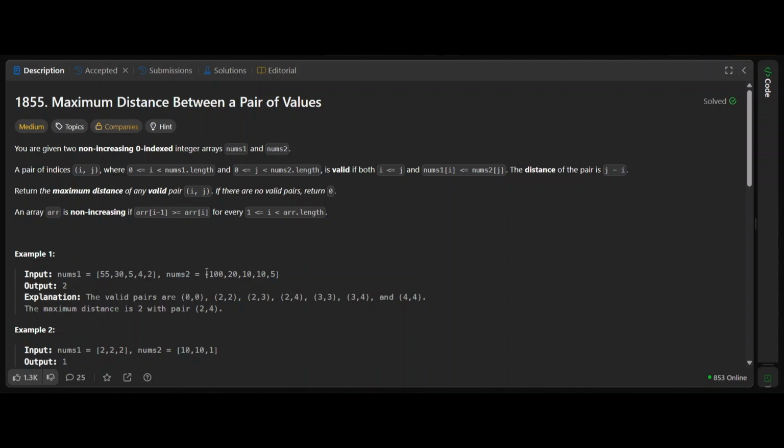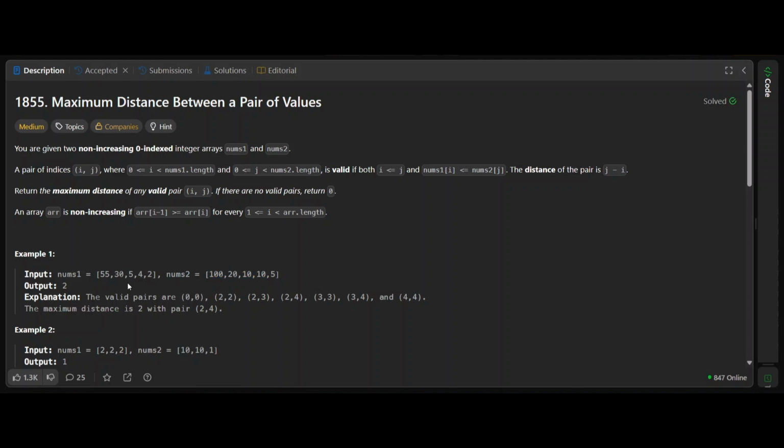Again, if i is 0, we need to search from index 0 to the end of nums2. Is there a number present that is bigger than or equal to this number? If I'm searching for 55, I'm looking for 55 or a greater number in this range.